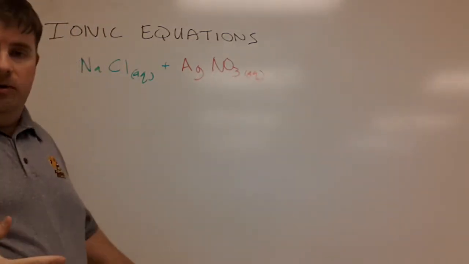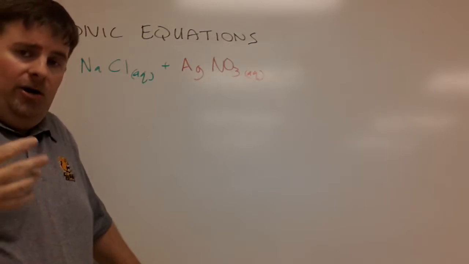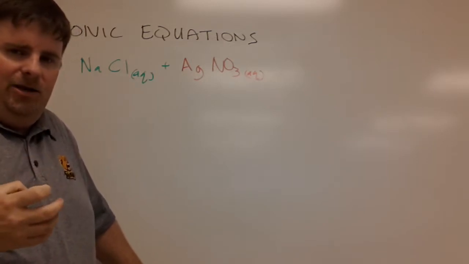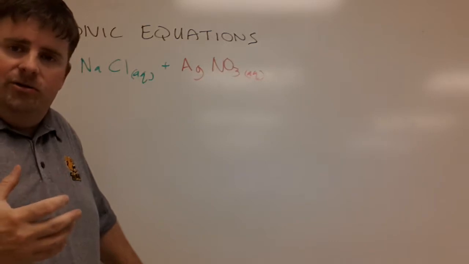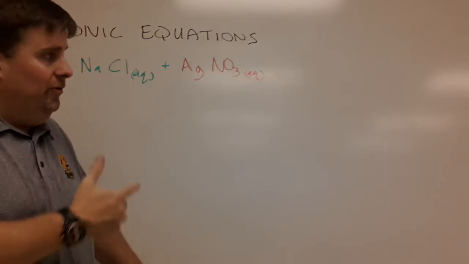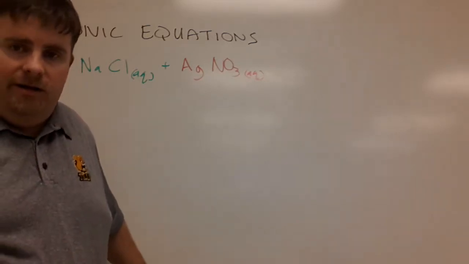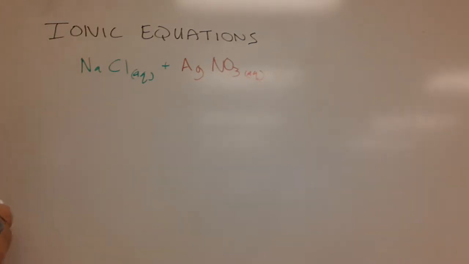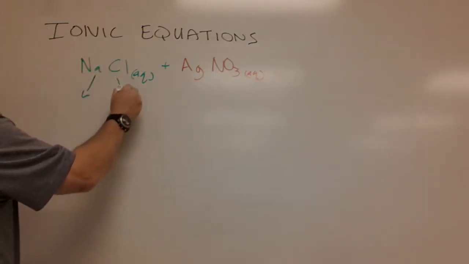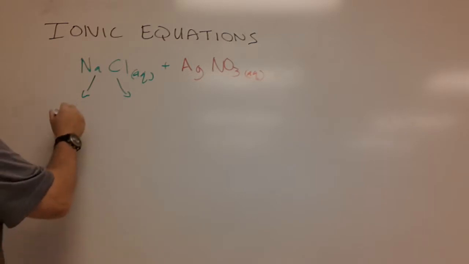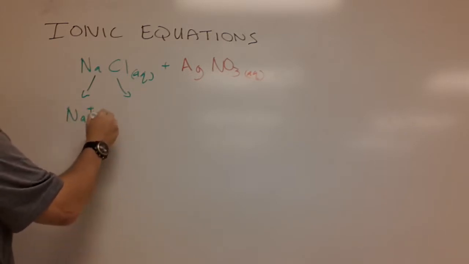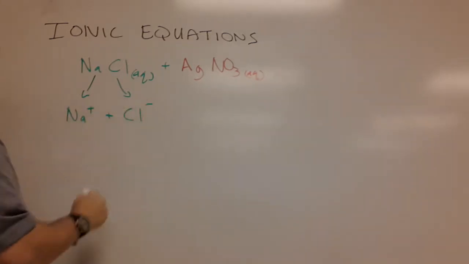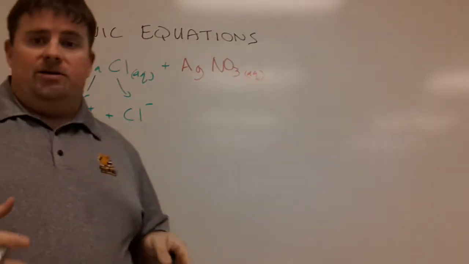Now, in an ionic equation, we're going to look at this and say, all right, let's take this thing a little bit further. Because in aqueous solution, they're not together like we're listed here. They're broken up into their ionic components. So sodium chloride actually breaks into two ions in the water phase. Na plus and Cl minus. Okay? Now I could write aqueous under each one of these.